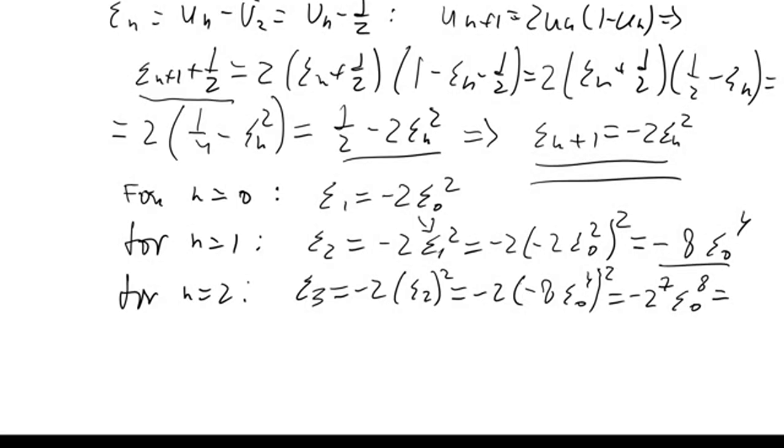And we can write it as minus half times 2 times epsilon naught to the power of 2 to the power of 3.